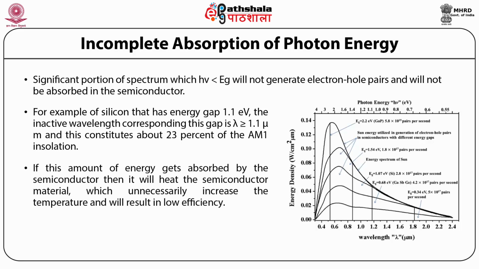If this amount of energy gets absorbed by the semiconductor, then it will heat the semiconductor material, which unnecessarily increases the temperature and will result in low efficiency. Hence, these photons can be removed by using special kinds of filters.